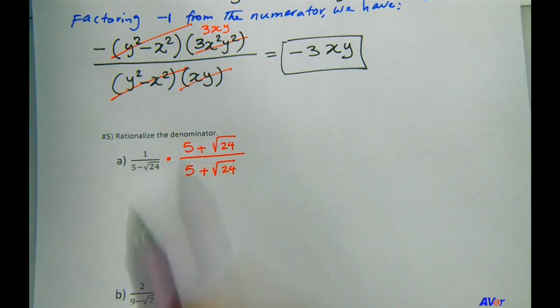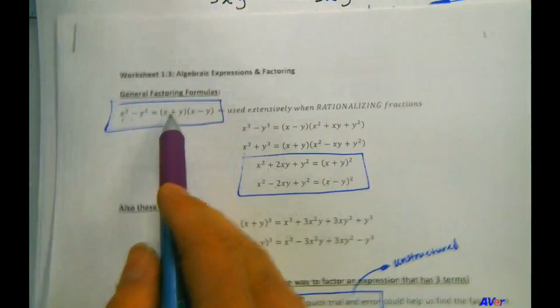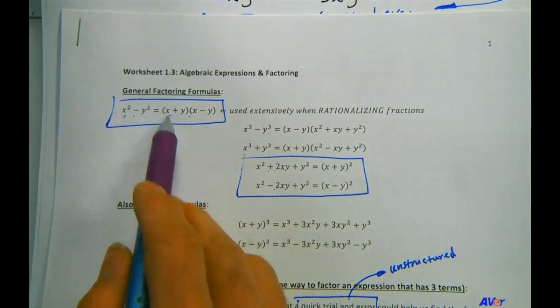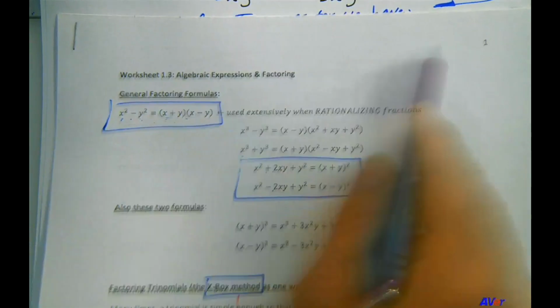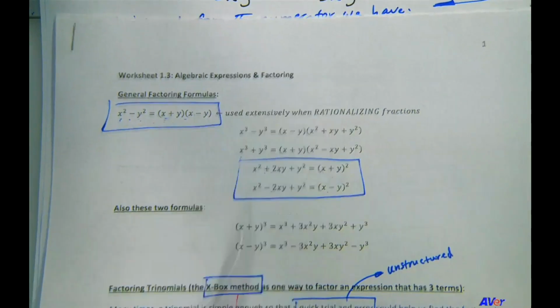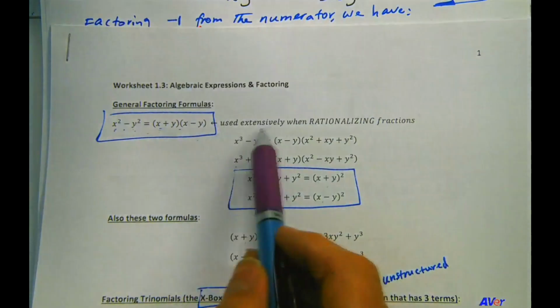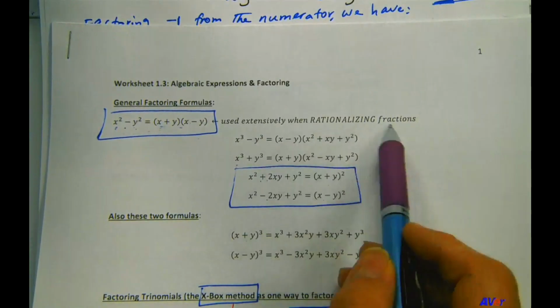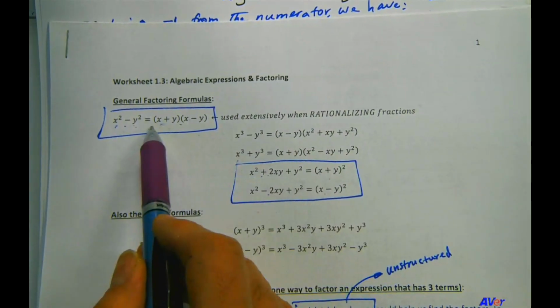And the best way to guarantee that is to use, again, this identity from section 1.3, this property. Remember that? And on that worksheet, I'm specifically saying that this is used extensively when rationalizing fractions. That one, not these, that one.